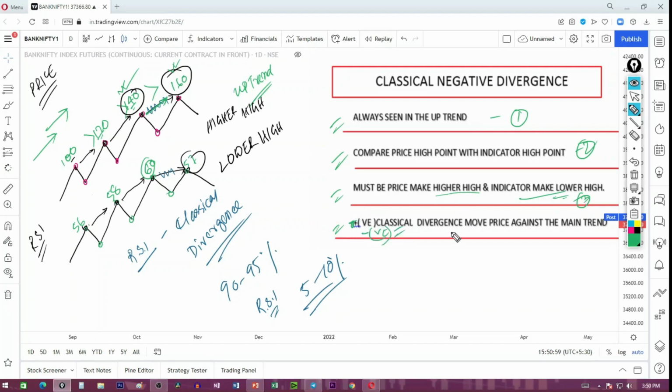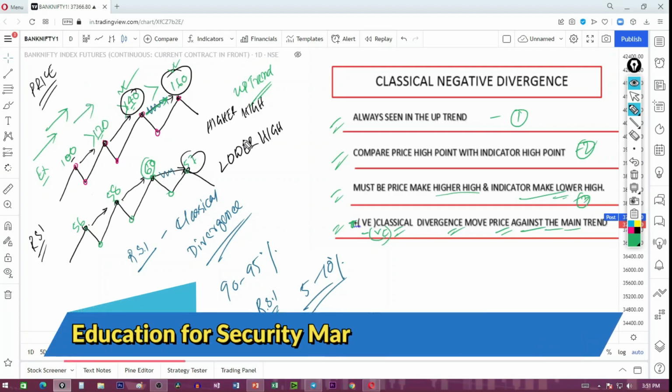This is number 3. And number 4, this is actually negative. Negative classical divergence moves price against the main trend. Meaning, for example, price makes higher highs: 100, 120, 140, 160. So this is an uptrend, and negative classical divergence moves price against the trend. So if price rises, when a negative classical divergence is created on the chart, price will come down.